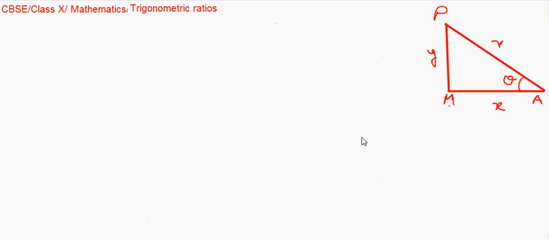Now also let me write down, this is a right triangle with 90 degrees at the point M, and I will be writing all the trigonometric ratios in terms of this theta, that means in terms of the angle A.